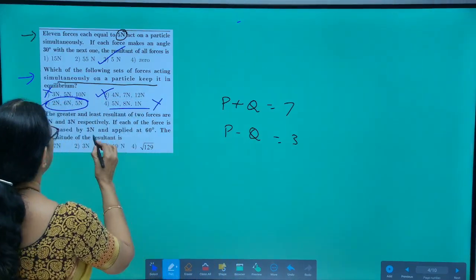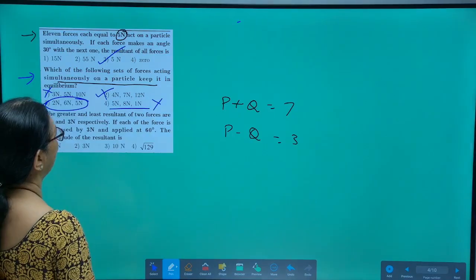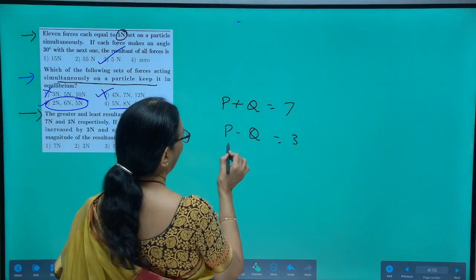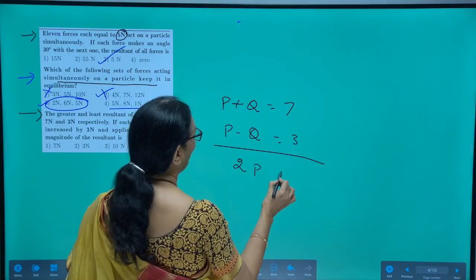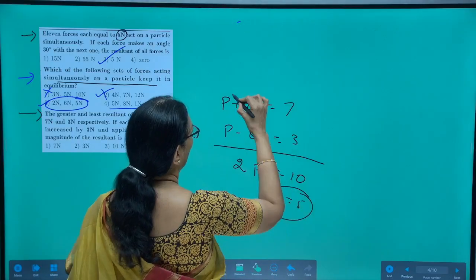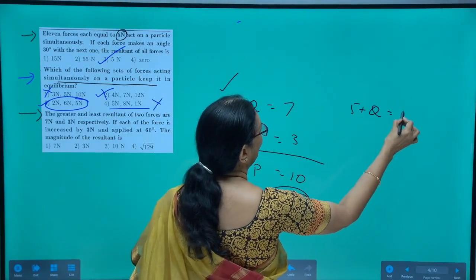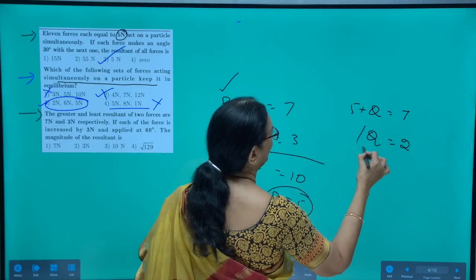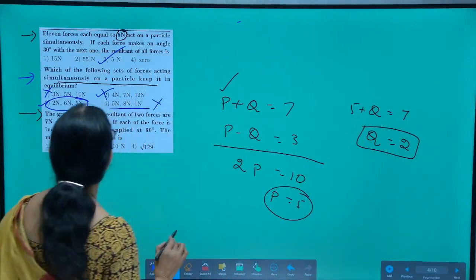Each of these forces is increased by 3 Newton and applied at 60 degrees; find the magnitude of the resultant. So, on solving them, if you add them, 2P is equal to 10, P is equal to 5. Substituting 5 here, 5 plus Q is 7, so Q is equal to 7 minus 5, it is 2.